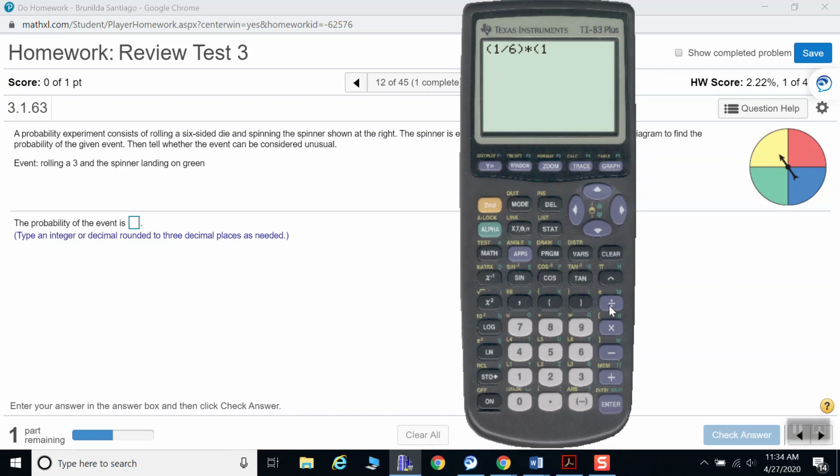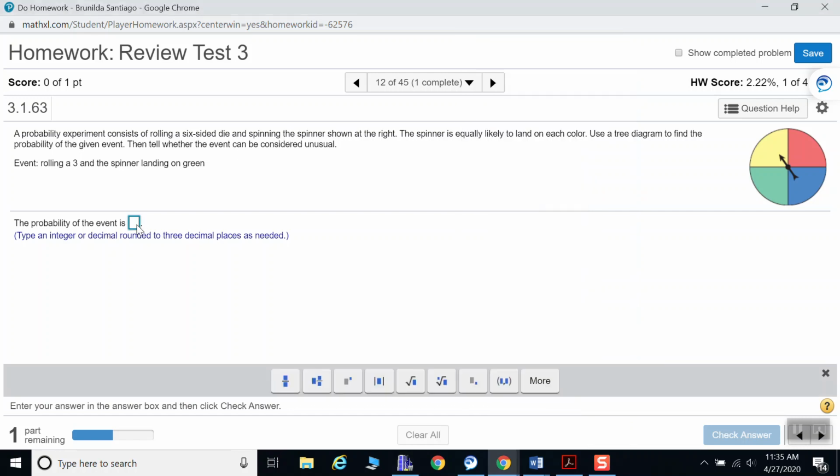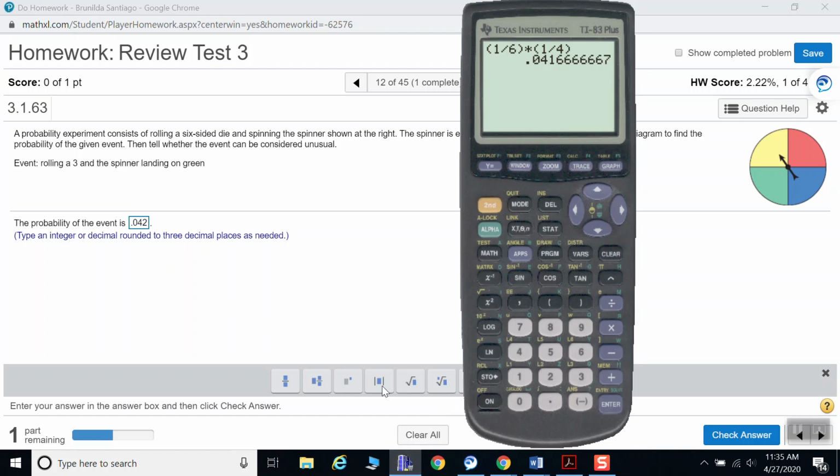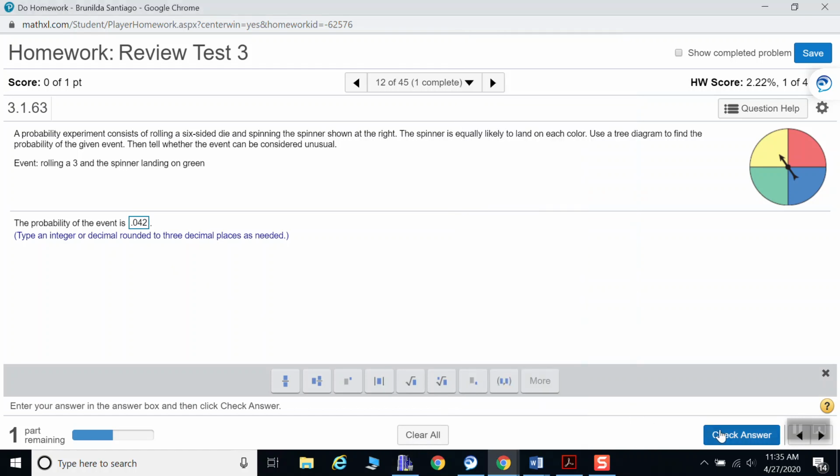So it's going to be 1 out of 4 is the probability of landing on green. So you multiply these two and they want you to round it to 3 decimal places as well. So 0.041, and that 1 is followed by a 6. Therefore, that one needs to become a 2. So that is going to be 0.042. Let me verify that. 0.042, the one, correct.